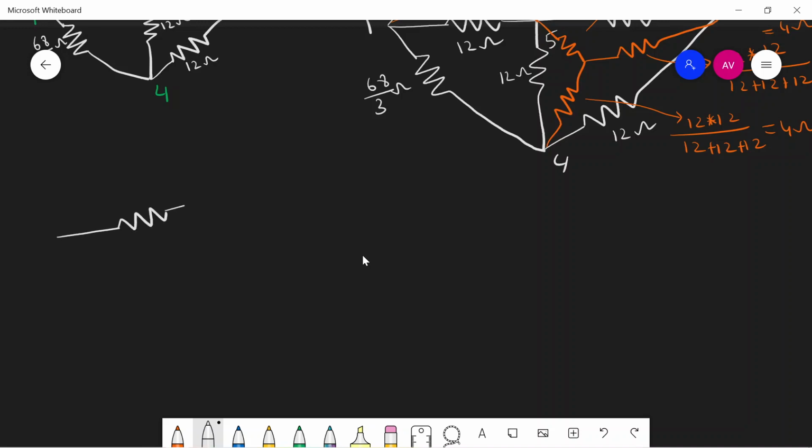This is the 4 ohm. After drawing the figure, we have to simplify it further.